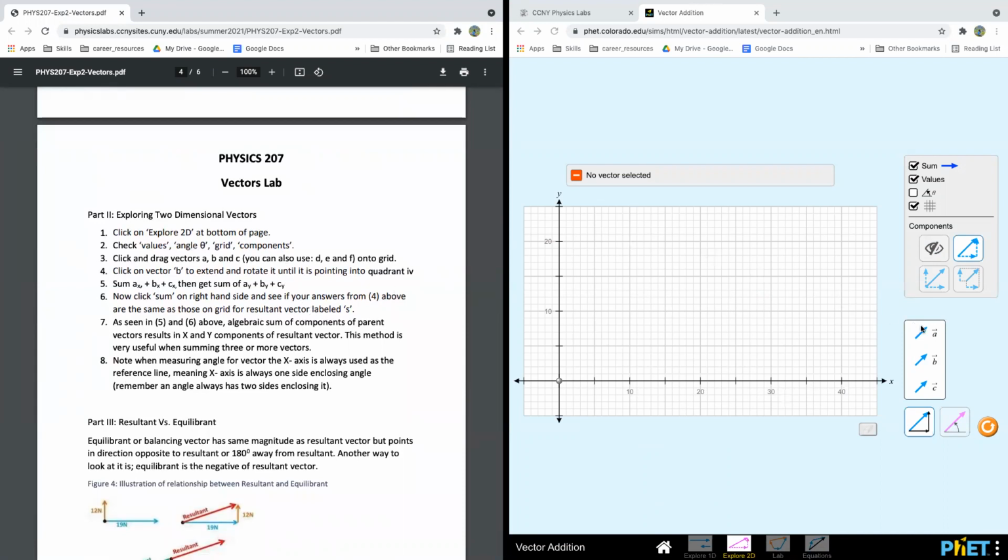Still the 2D, you just basically get familiar with how to use this tool. You can also move the sum away. If we want to calculate two vectors together, you can add these two together, and then adjust anything. There's a value, and you can see the angle as well.